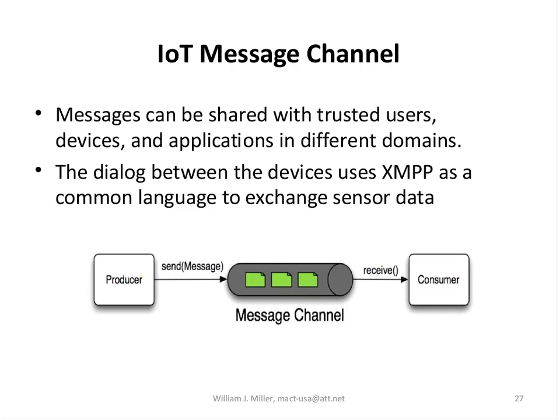Next slide. And of course, the message channel can be shared with all the various trusted users and devices and applications that you may want to connect. And they can reside in different domains. And that's going to be an important element for the Internet of Things, because we want to be able to possibly share information from the power grid with first responders, for example.